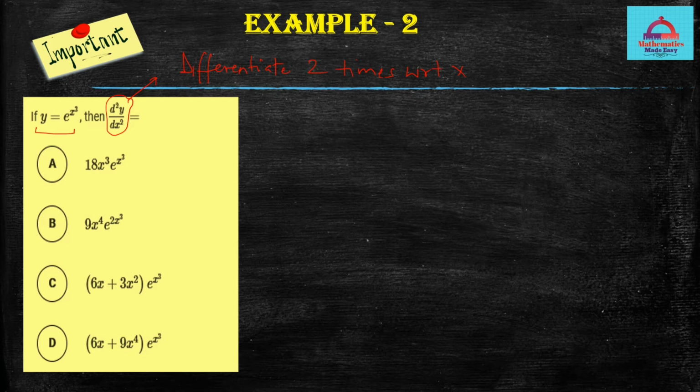So we are finding now dy by dx, or you can say y prime, which is the first derivative. So d by dx of e to the power x cube. This is an exponential function, so when you differentiate, it will give you the same function and the derivative of the power, which is x cube.